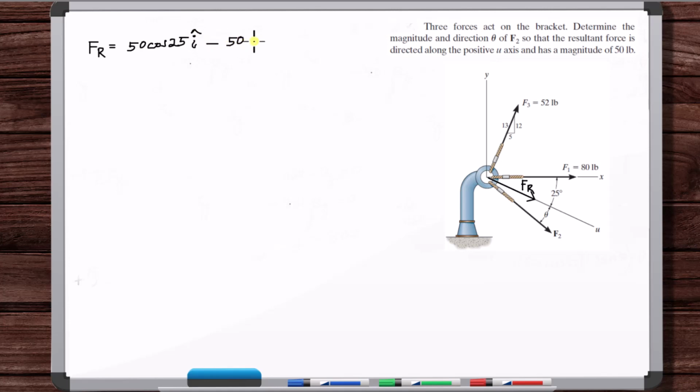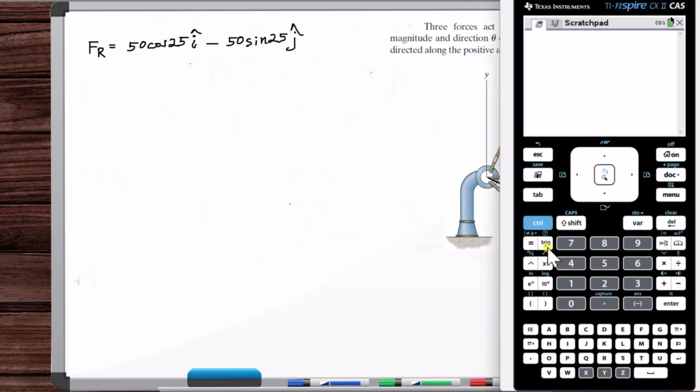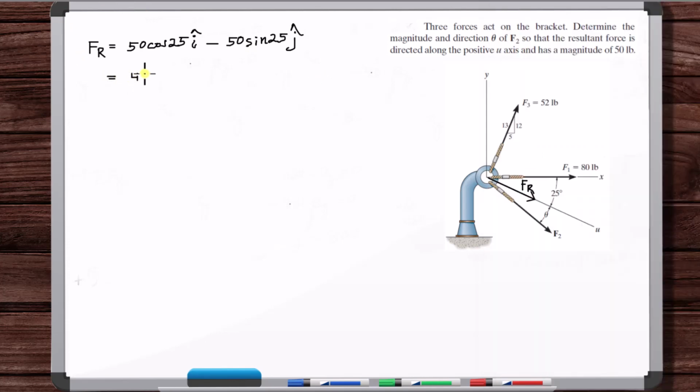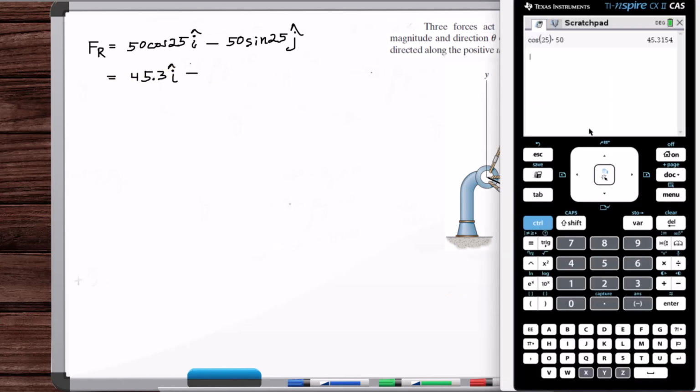Minus 50, okay, so 45.3, okay, now 21.1.